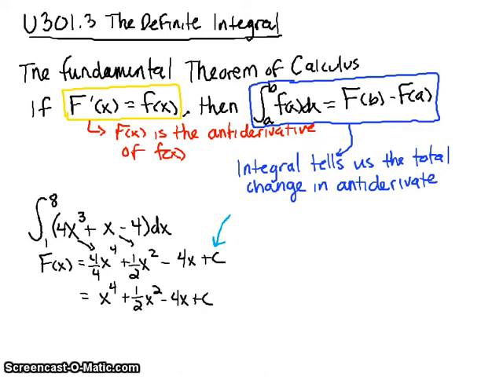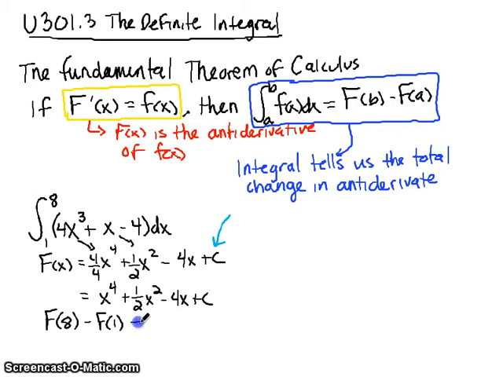All we need to do is take our antiderivative evaluated at 8 minus our antiderivative evaluated at 1. Going back to the blue box, the total change in the antiderivative is F of b minus F of a, where a and b are 1 and 8.